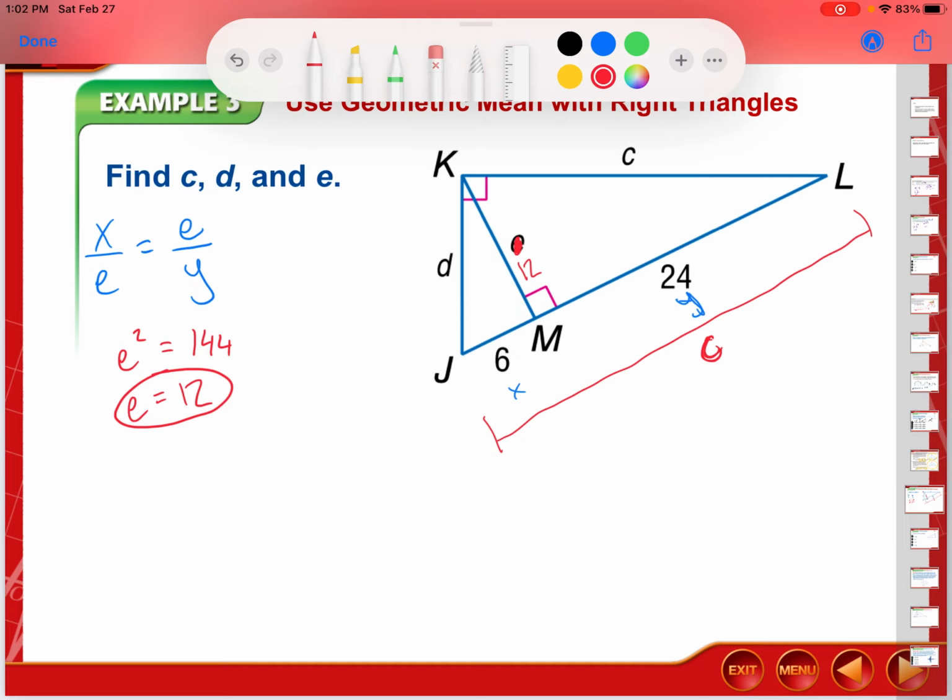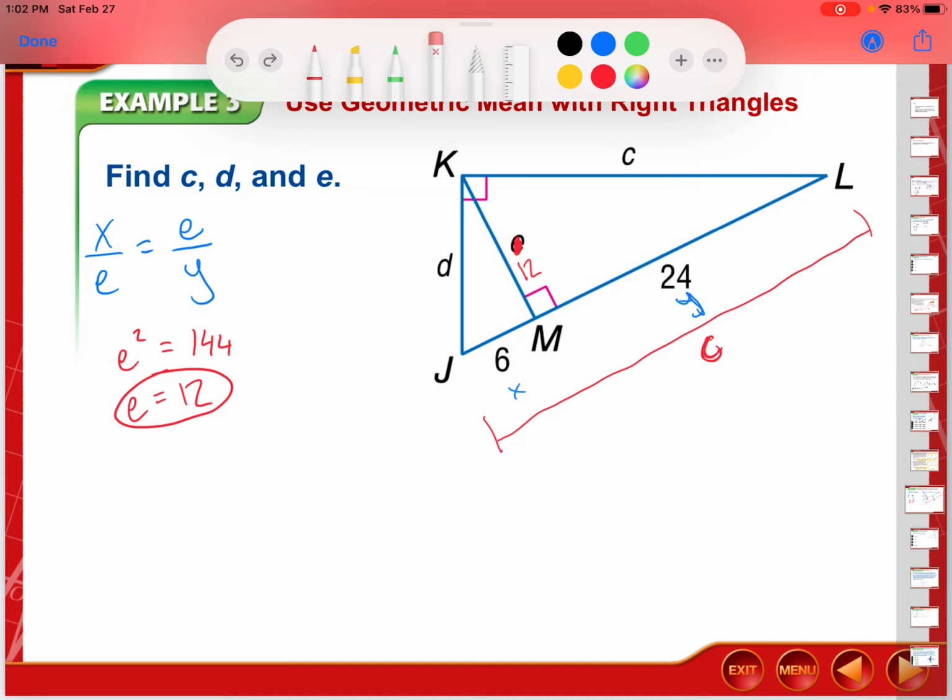This would be RC. So x or y times c, the square root of x or y times c, is going to equal either d or this c. So it's going to equal one of those.